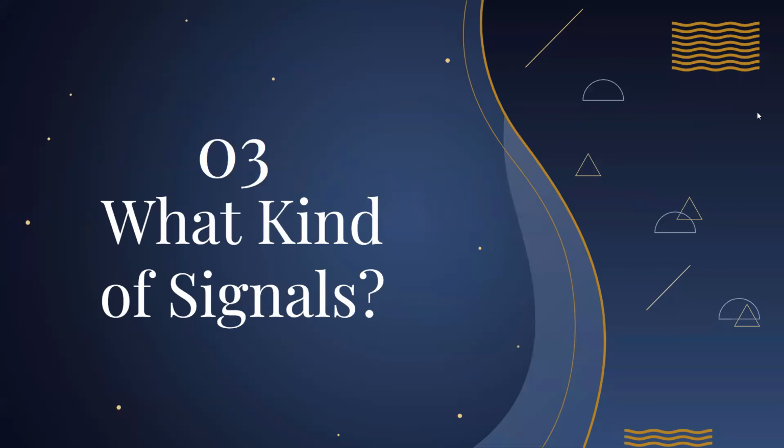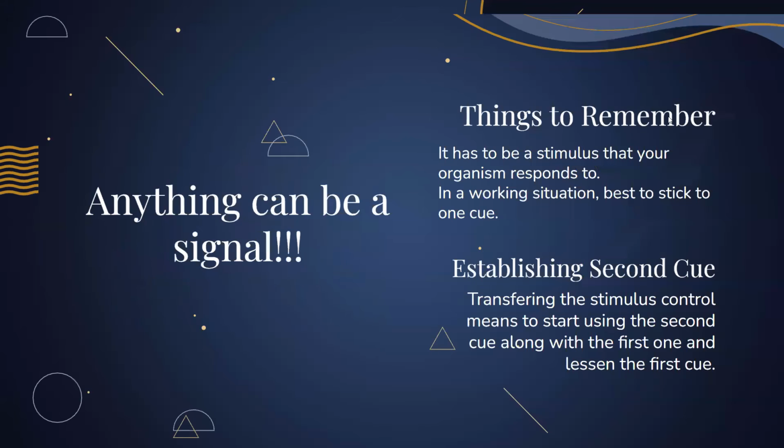Number 3, what kind of signals are we looking for? Okay, anything can be a signal. Things to remember: it has to be a stimulus that your organism responds to. So if your organism is deaf, sound is not going to be a good stimulus because it's not going to respond to it very well.